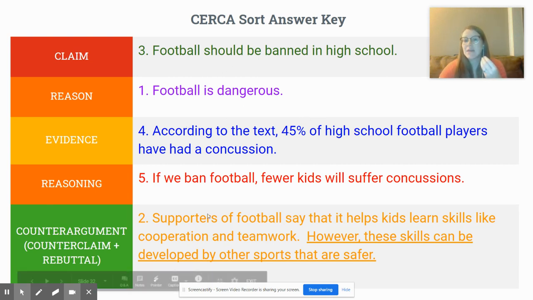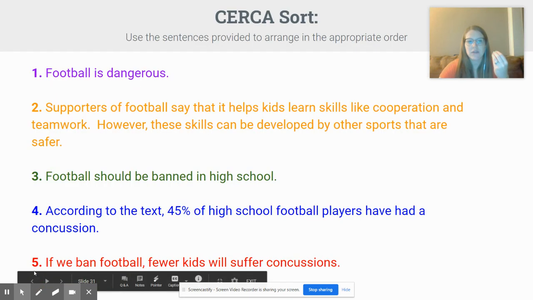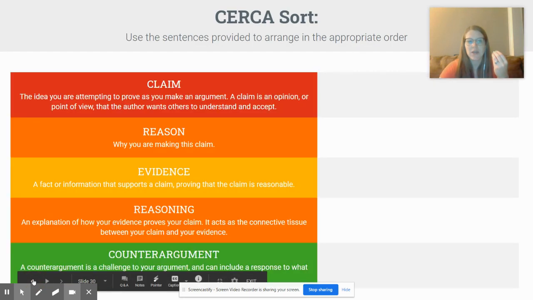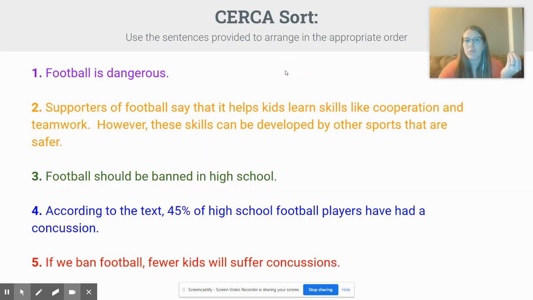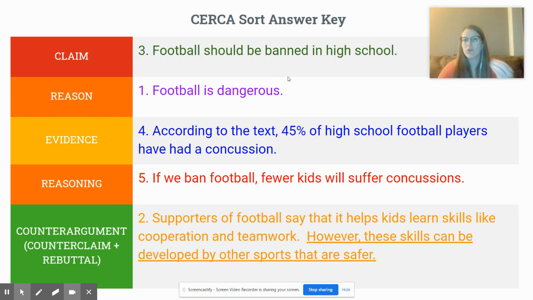But we don't have a statement that says that. Also, let me see if I can go back, and I will only go back for a second. Promise, I won't do this every time. It also tells you right here, should football be banned in high schools? So your claim is going to answer that. So should football be banned in high schools? Football should be banned in high schools. It's telling you. Okay, it's like answering the question that they already gave you.